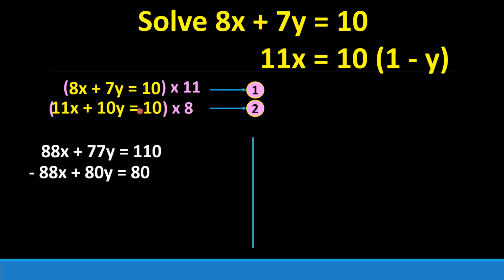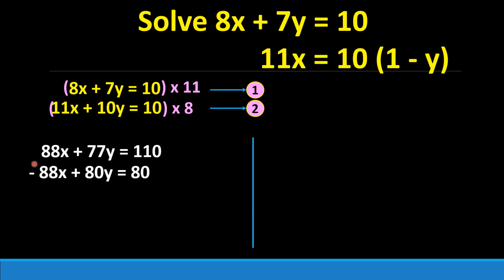So the answer will be 11 into 8x is 88x, 11 into 7y is 77y, and 11 into 10 is 110, and then 8 into this equation will be 88x plus 80y is equal to 80.